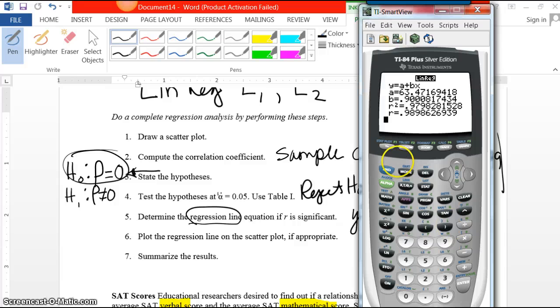It's the same screen where I got the R value a minute ago. This 63.47 is the A that's in this formula, and the B is 0.9. I'm just going to call it 0.9. So I'm going to call this 63.5 and 0.9.